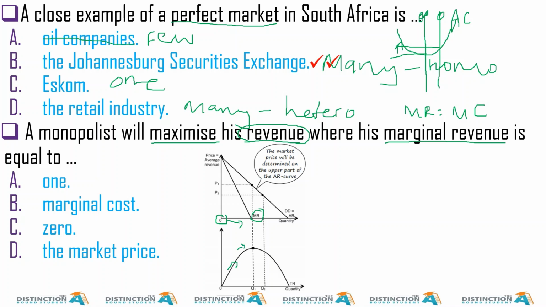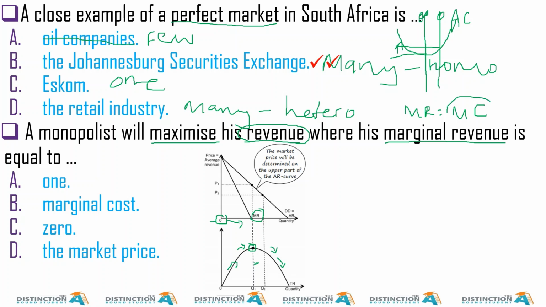It's going up, it's going up, it's going up. But where it reaches its maximum is when the marginal revenue here is at 0. You see, because beyond that, this begins to decline. You see, it's declining. And before that, it's still increasing.